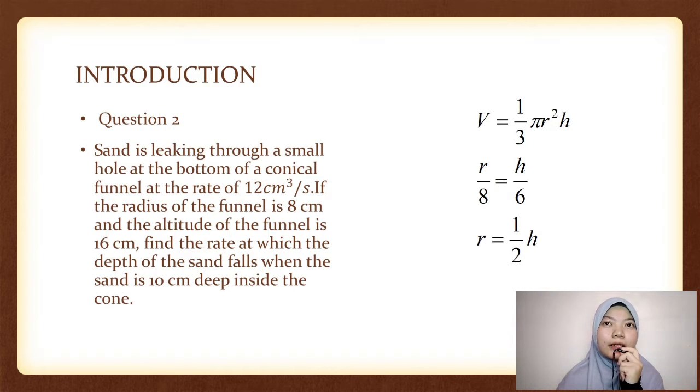And the third one is H, the height of the cone from the tip to the bottom of the conical funnel. The values for R, radius, and H, height, are 8 cm and 16 cm respectively.